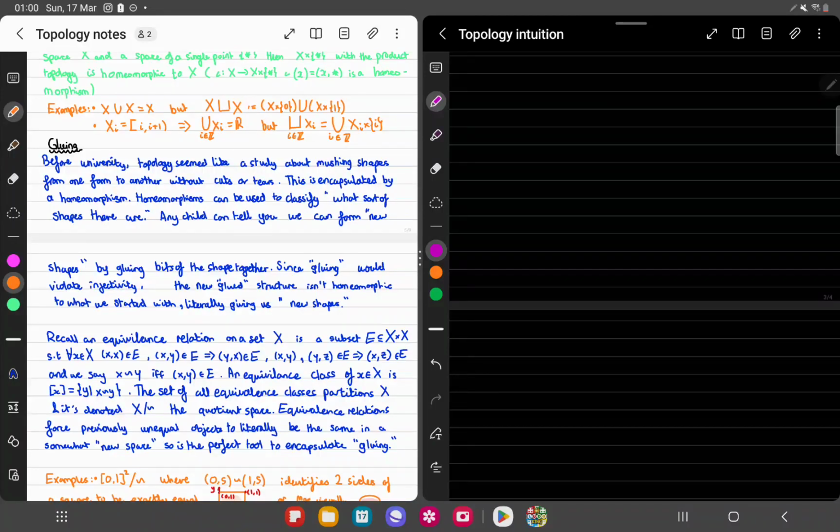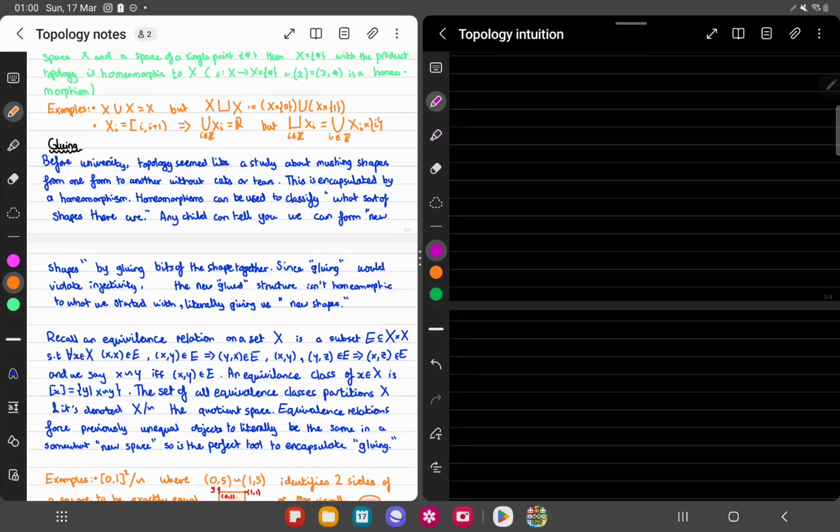If I gave you a sheet of paper and said glue every point to itself, you would just leave the paper alone because it's already glued to itself, right? It doesn't really change how it looks. It behaves exactly the same way. However, if I did ask you to glue the corners together, then you're going to get something that looks completely different. Okay, well, completely different up to homeomorphism, blah, blah, blah, okay?